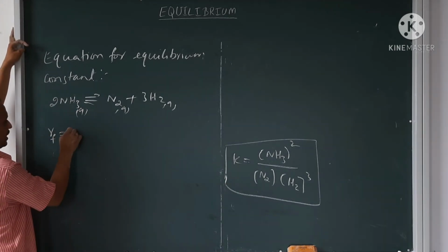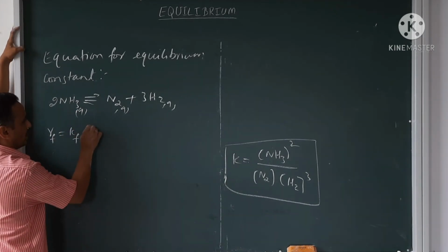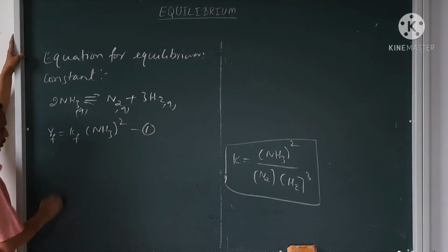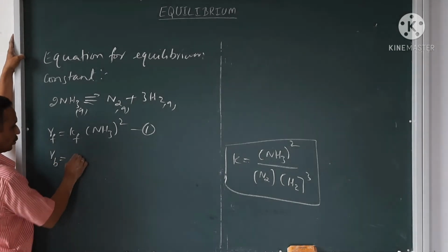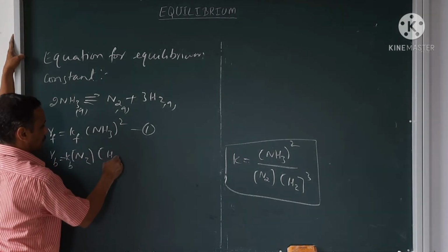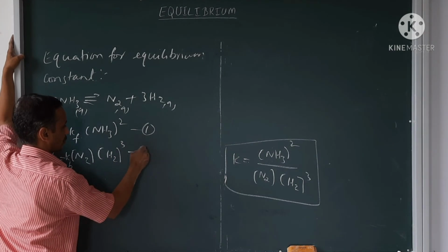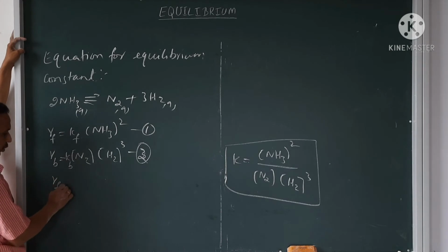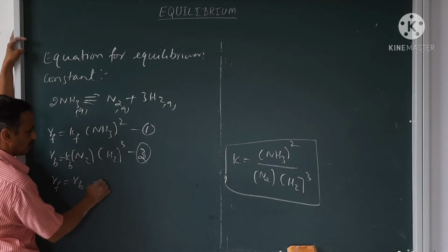Rate of forward is equal to Kf into NH3 to the power 2. Equation 1. Rate of backward is equal to K backward into N2 into H2 to the power 3. Rate of forward equal to rate of backward, equilibrium.